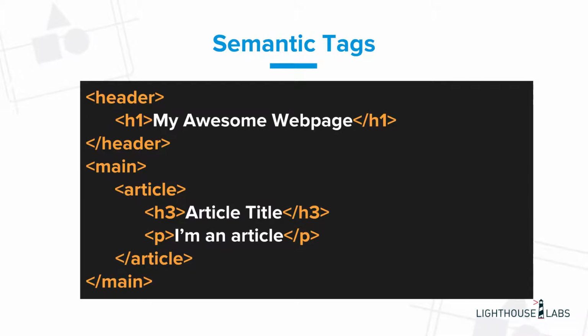But what makes more sense? So here you've got a clearly defined header. You've got main and article, h3, p, which is a lot clearer than looking at a whole bunch of divs.